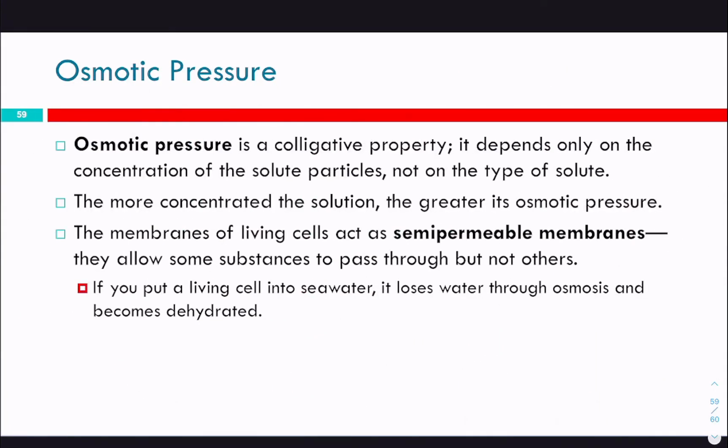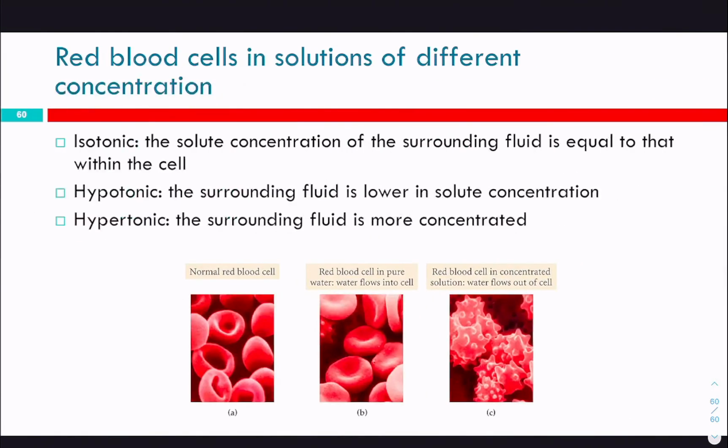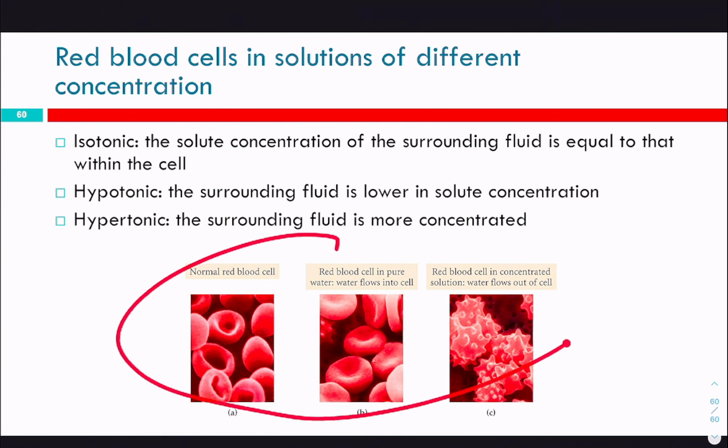Osmotic pressure, like our freezing point depression, boiling point elevation, is another colligative property. So it depends only on the concentration of those solute particles. Doesn't matter what they are. Especially in living membranes, or membranes of living cells, they act like semi-permeable membranes. And if you eat way, way, way too much salt, and it gets into your bloodstream, it will affect the shape of your blood cells.